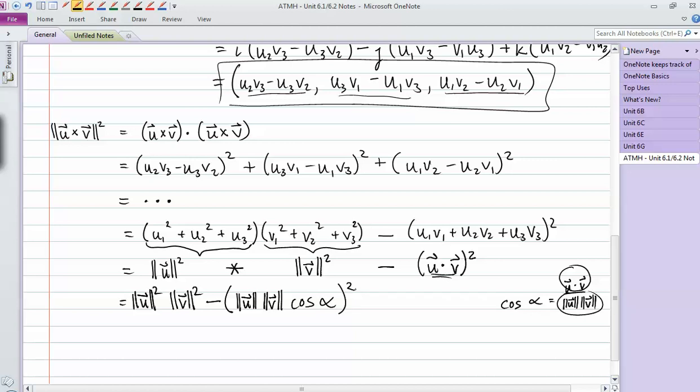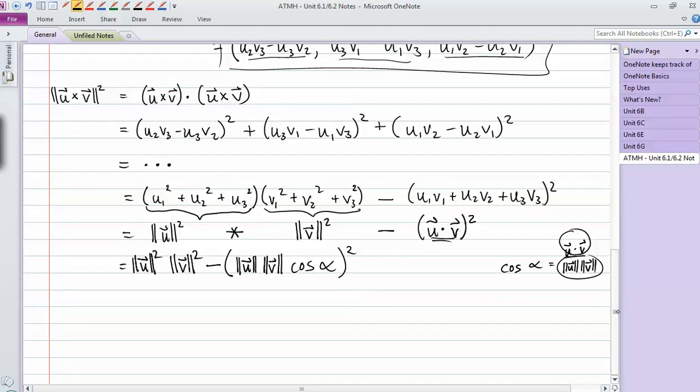Let me manipulate this a little bit more. So this is going to turn into magnitude u squared magnitude v squared minus magnitude u squared magnitude v squared cos squared alpha right here. Actually, let me do one more thing.